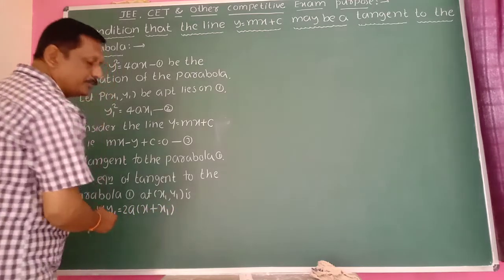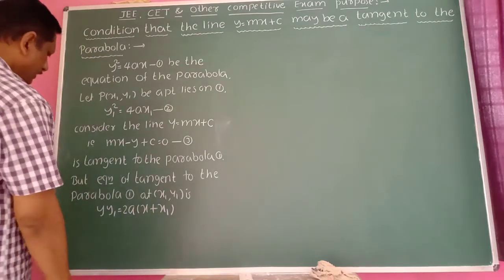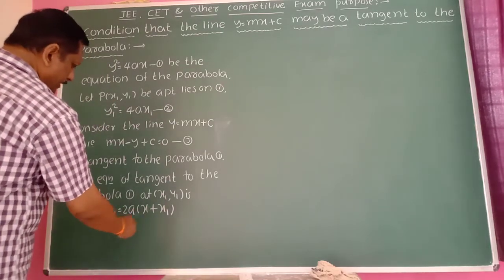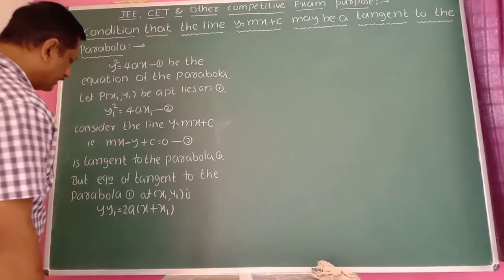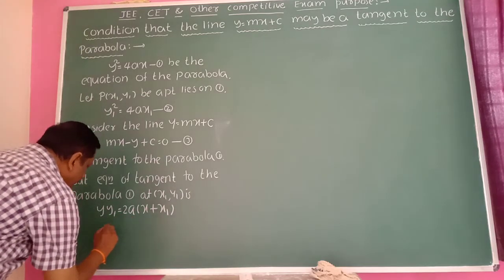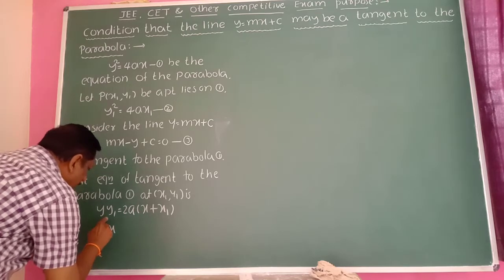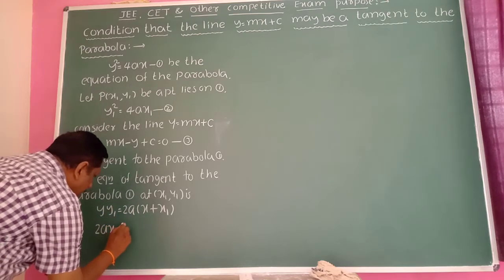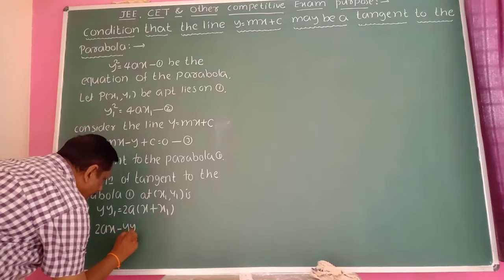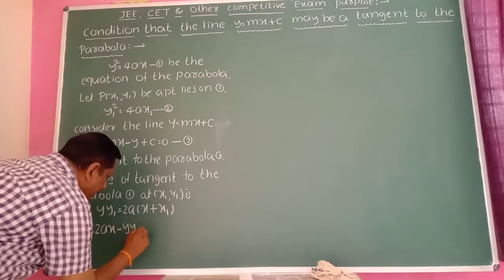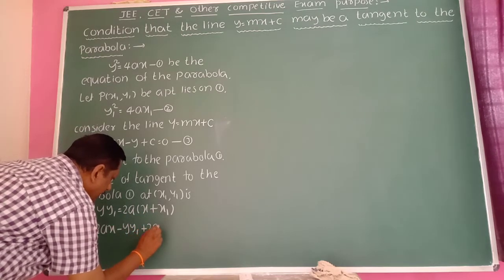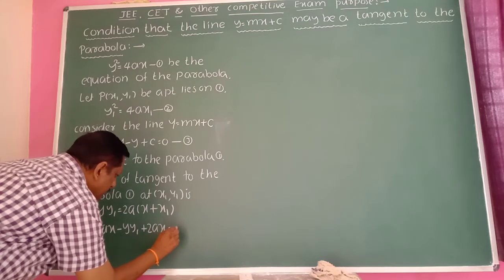We already proved this. Therefore take 2a inside the bracket and y1 to the right side. So 2a into x becomes 2ax. Take this term to the right side, minus of y1. 2a into x1 becomes 2ax1, so 2ax1 is equal to 0.